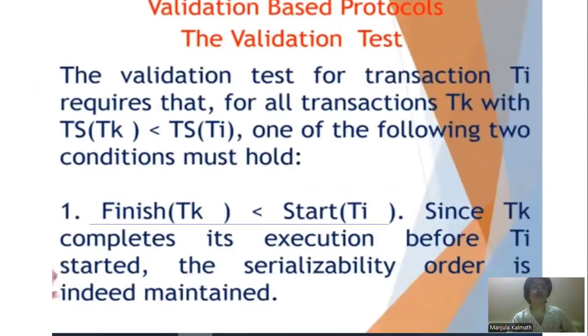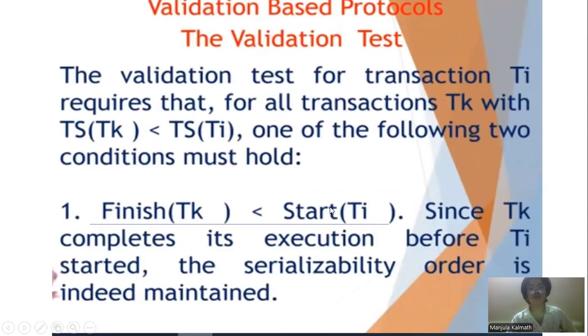One condition is when T1 and T2, multiple transactions, are executing. Suppose T1 is the first transaction which is executing, and after completion of that T1 only, the next transaction T2 has to execute.